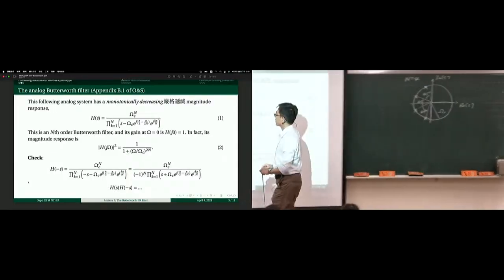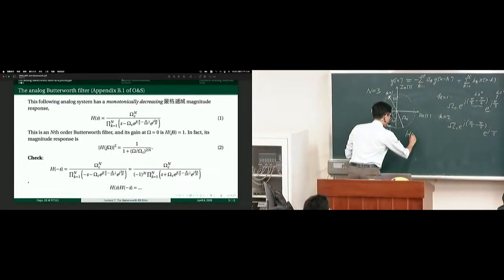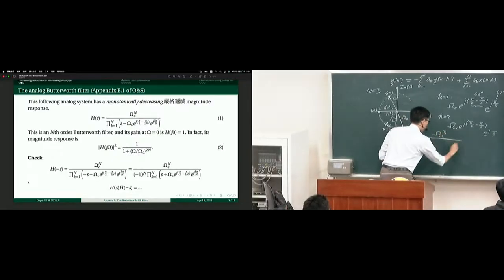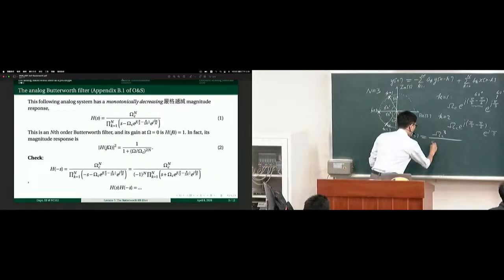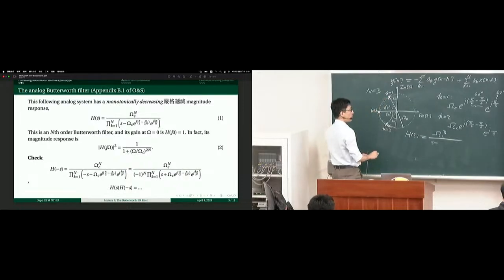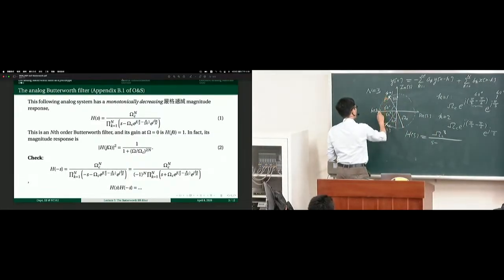That is to say, when we go back to this example, we have H of S being a constant of omega c, not that important, with third power cube. And then S minus, so now let's name our poles. Let's call this pole P1, this location P2, this location P3, meaning that there are 3 poles.